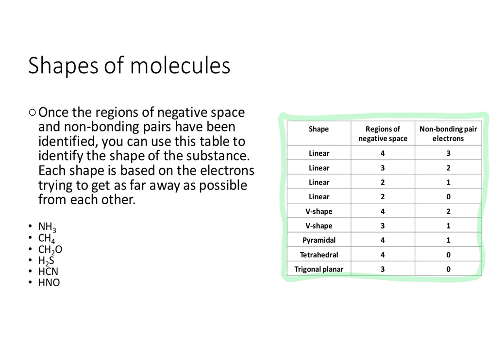The idea is that these names of shapes, so linear, V-shaped, pyramidal, tetrahedral, and trigonal planar, are the 5 shapes that you can have. They all are based on some combination of regions of negative space and non-bonding pairs. So let's have a look here.